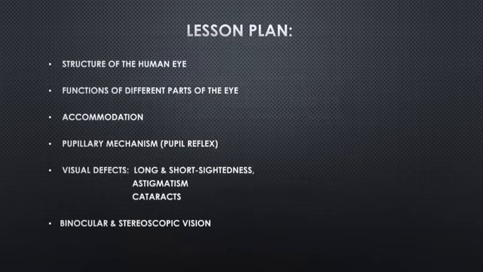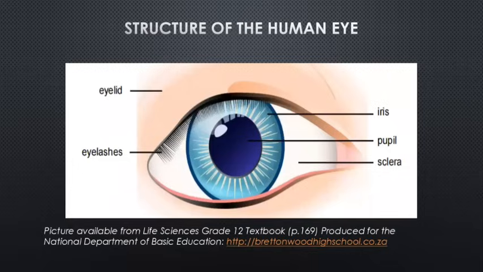And also we're going to look at accommodation, the pupillary mechanism or pupil reflex, and the visual defects, which consist of long and short sightedness, astigmatism and cataracts. And last but not least, we are going to look at binocular and stereoscopic vision.